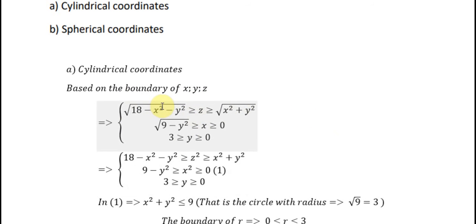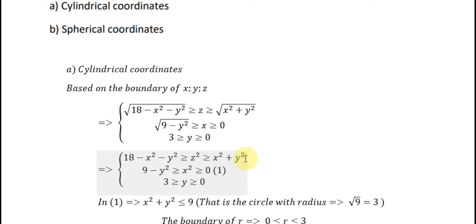Later we square both sides. That's why we have 18 minus x^2 minus y^2 greater or equal to z^2, greater or equal to x^2 plus y^2. Similarly, we square both sides here, so we have 9 minus y^2 greater or equal to x^2, greater or equal to 0.